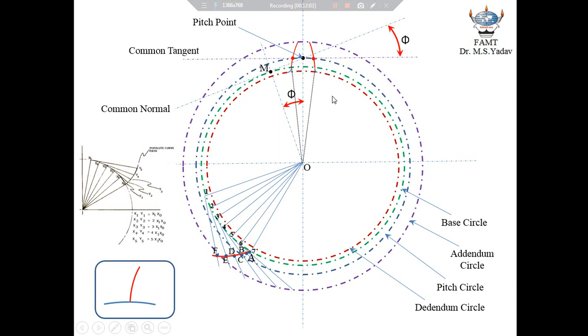Finally, darken the addendum circle at the top to complete the tooth like this. Repeat this procedure to draw one more tooth like this, and this will complete our involute teeth construction.